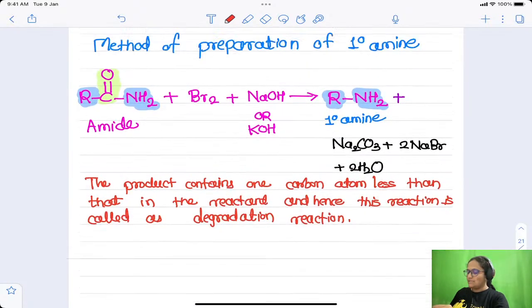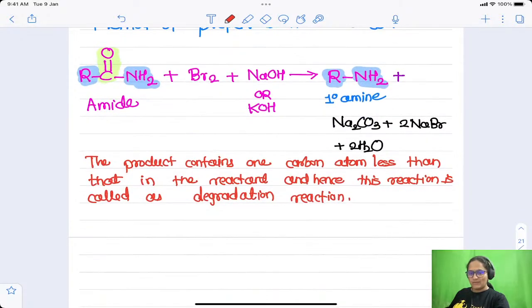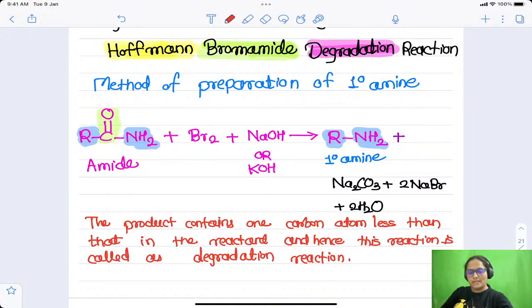So this is the general reaction, guys. Now we are going to discuss the mechanism of this reaction. Before that, you can just take a screenshot of this page.